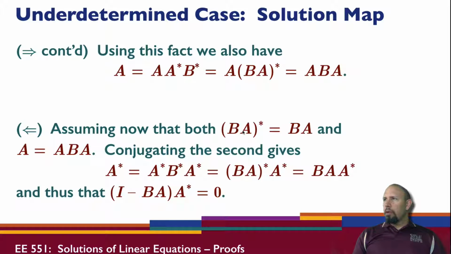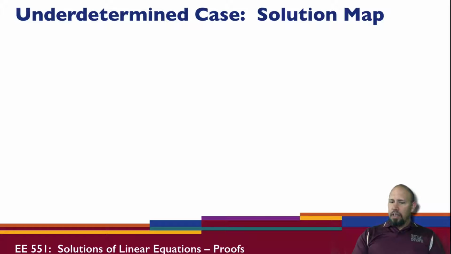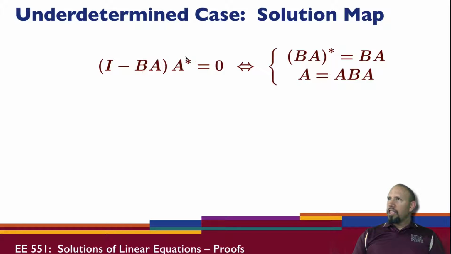Assuming now that both BA and this hold, I've shown that if this condition is satisfied, then both of these two conditions are satisfied. So what happens if both of these two conditions are satisfied? Is that equivalent to this condition?